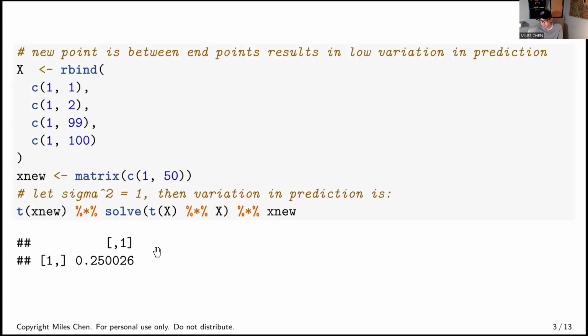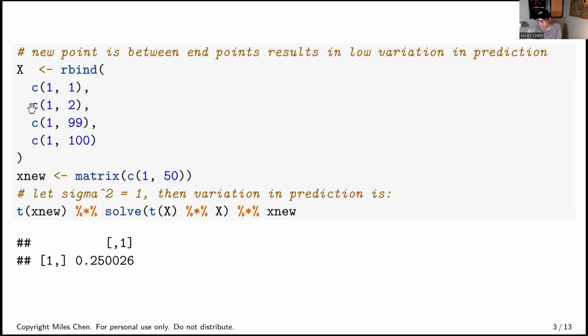So if the values we've seen so far for x are 1, 2, 99, and 100, I'm just fitting a very simple linear regression line with a slope and an intercept. The intercept terms align with the ones, and the slope terms align with the values 1, 2, 99, and 100.